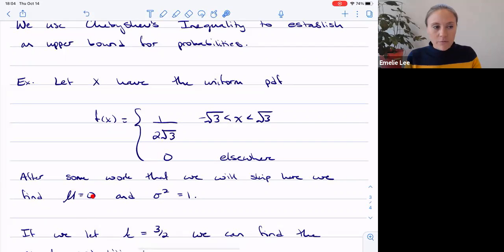But I'm going to leave that for you to practice. After some work that we will skip here, we find mu equals 0 and sigma squared equals 1. So if you want to pause it here to try to find those, that would be a good exercise. But I'm going to leave it for now.